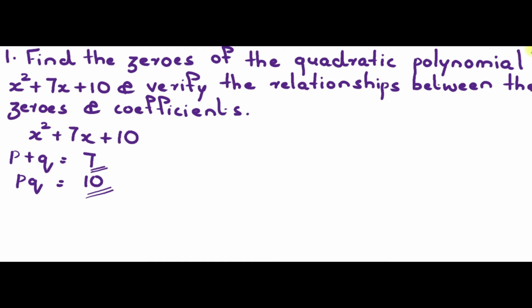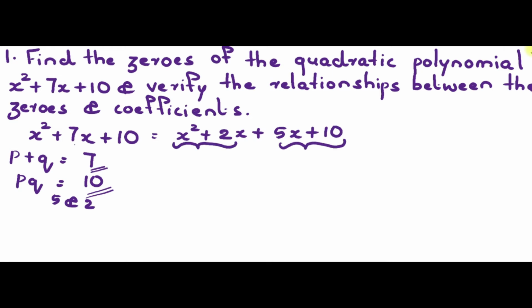Here, you can directly go for taking 5 and 2, since 5 plus 2 is equal to 7 and 5 multiplied by 2 is equal to 10. So, you can write it as x square plus, split this 7x term, 2x plus 5x plus 10. Then you have to group this into 2. Then you have to take one common factor from both.